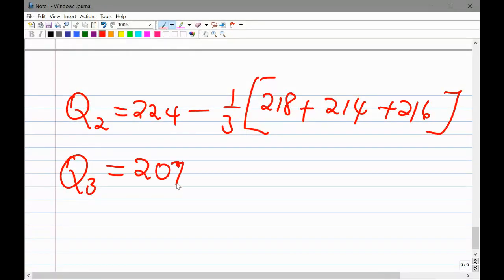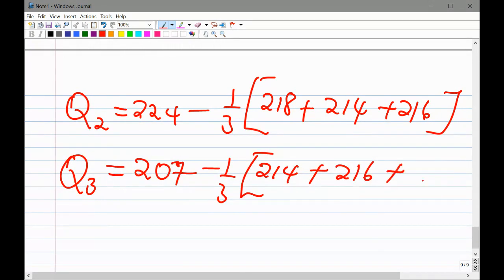When you move to Q3, you do the same. The total for the third block is 207, minus 1 over 3. We don't have the value from the first treatment, so we won't write 218. We'll say 214 plus 216 plus 222.